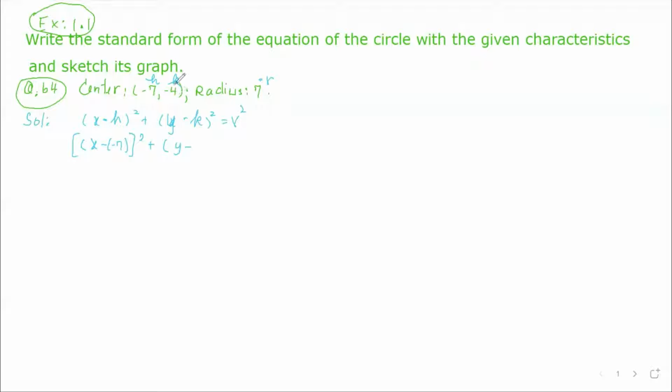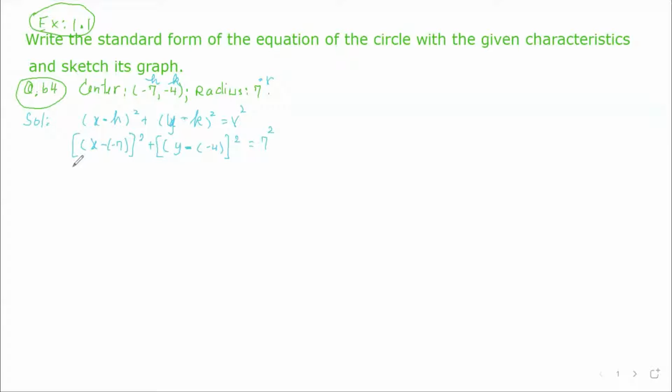(y minus k). k is -4, so y minus -4 from the formula, and the whole thing squared. The radius is 7, so 7 squared.